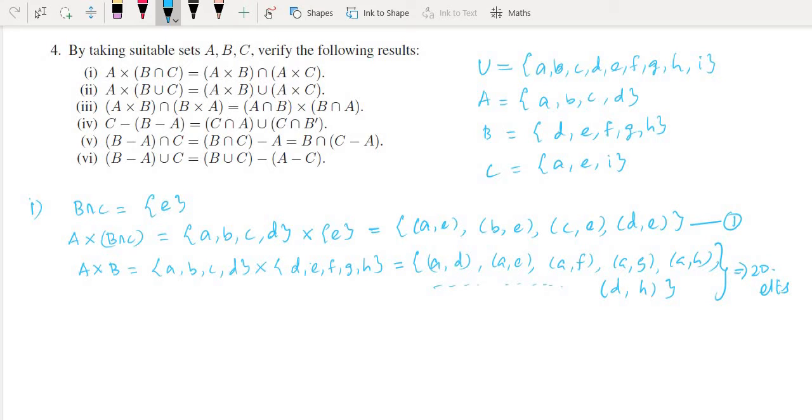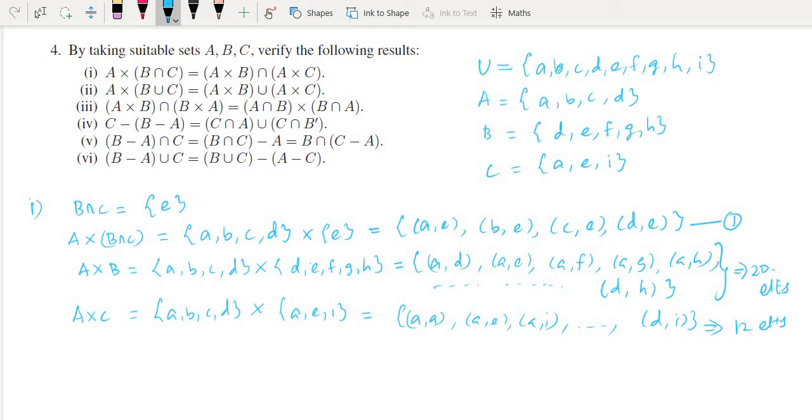And if I write A cross C, A cross C is a, b, c, d cross a, e, i. So similarly, this Cartesian product will contain the elements (a, a), (a, e), (a, i), etc. Finally, we will be having (d, i). So here we'll be having 4 times 3, that is 12 elements.